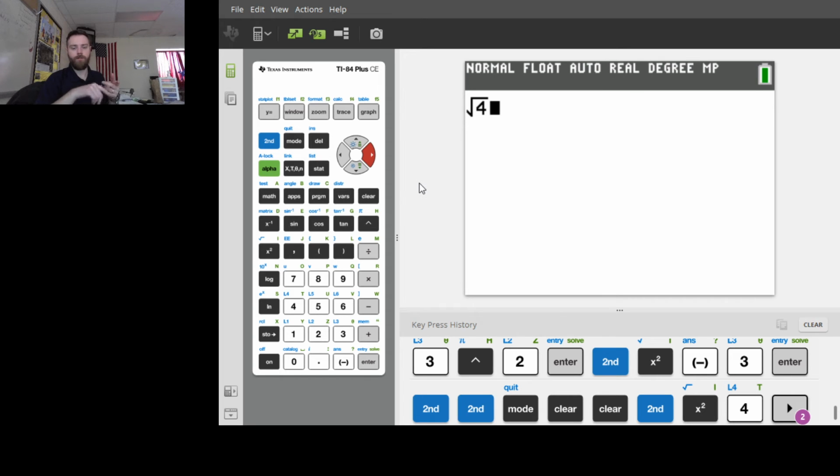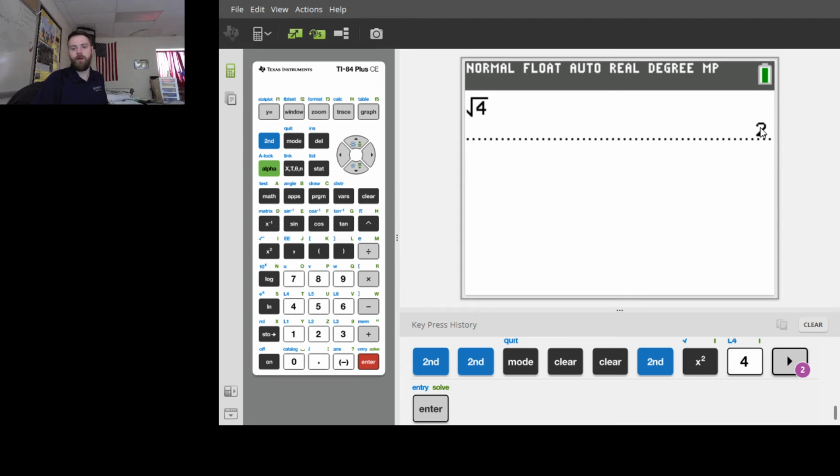Those are two integers that multiply to be 4, but they're not the same. So the other pair of factors is 2 and 2. So 2 times 2 is 4, and that's the pair that works. So anytime you type in a square root, it's asking, what is the number that when I multiply it by itself equals 4? And the answer is 2. So 2 is the number that when you multiply it by itself, you'll get 4.